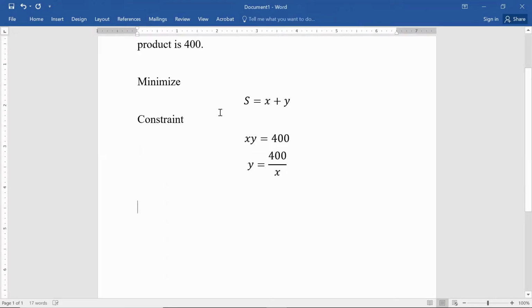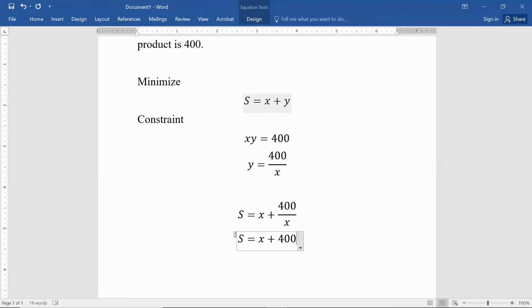We substitute in the 400 over X for the Y in the equation that I want to minimize. Now that 400 over X could also have been written as 400 times X to the minus 1.